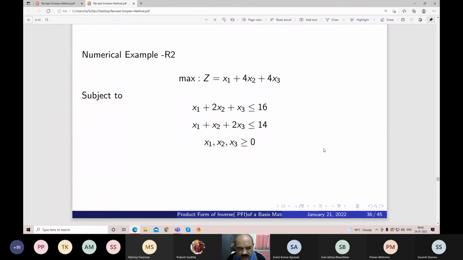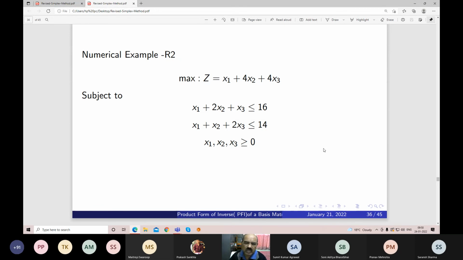Whenever you are computing the inverse, you have to apply the basic rule. What is our basis matrix? What are the basic variables?